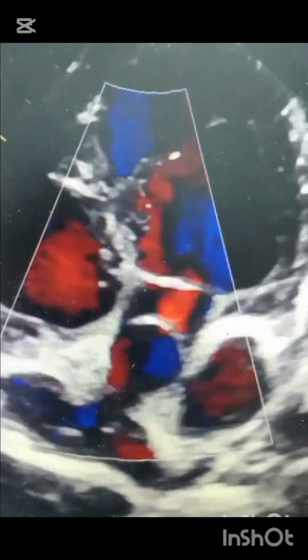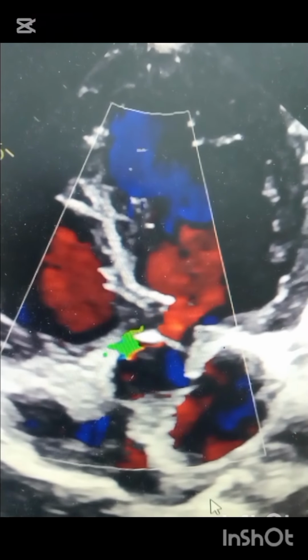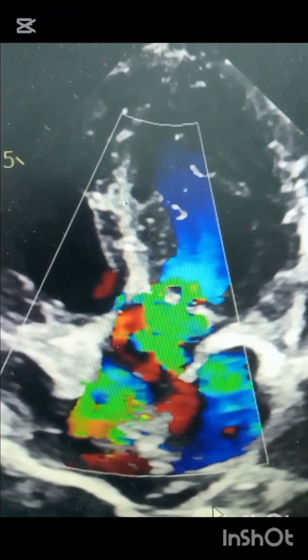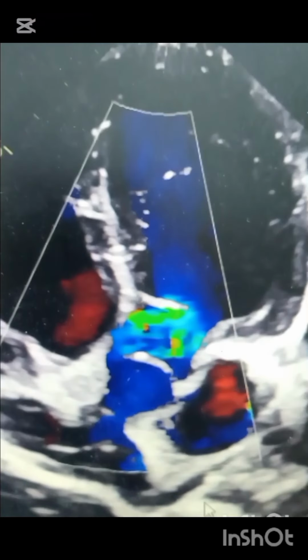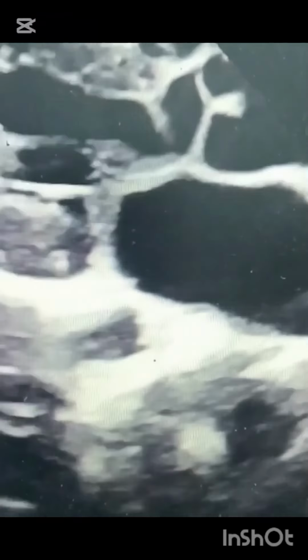Question number one is what is subaortic stenosis? Subaortic stenosis is a form of left ventricular outflow tract obstruction typically caused by a fibrous or membranous ridge just beneath the aortic valve, as you can see in this outflow tract, a white membranous ridge.